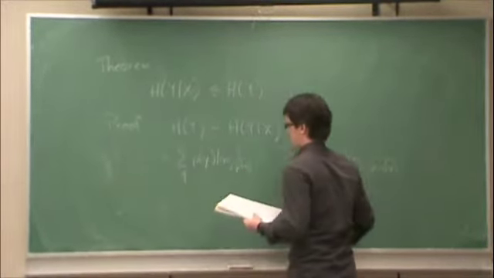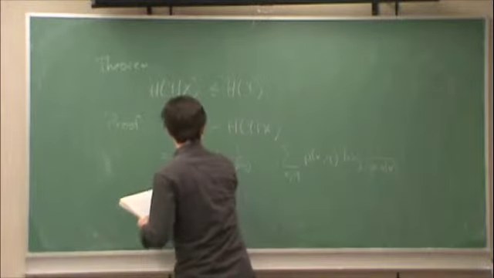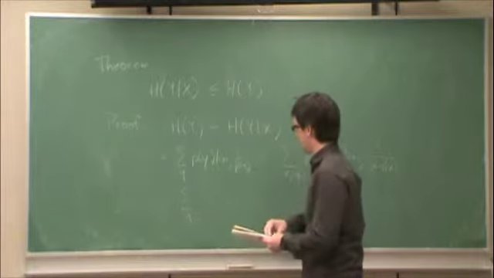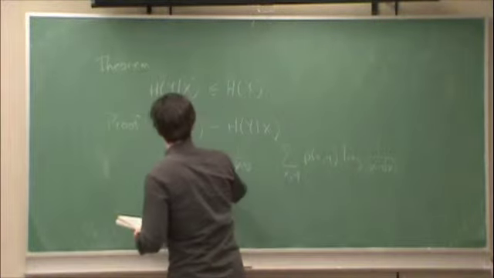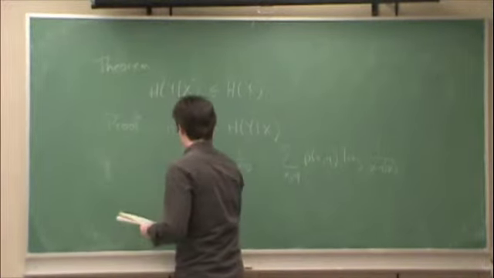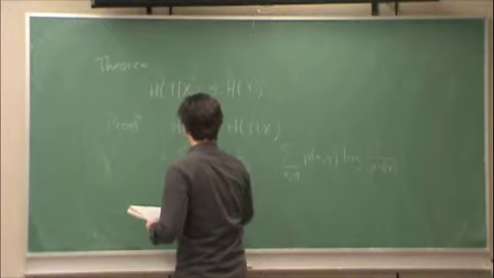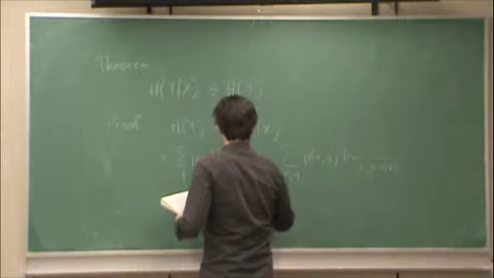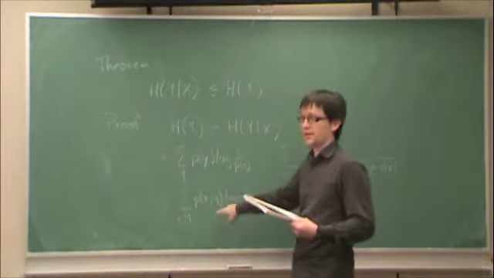I can take this minus inside over here, sum over y. Actually, I'm going to do two things in this step. Firstly, it doesn't matter if I sum over both x and y of p of x and y log 1 over p of y. This comes out to the same thing.